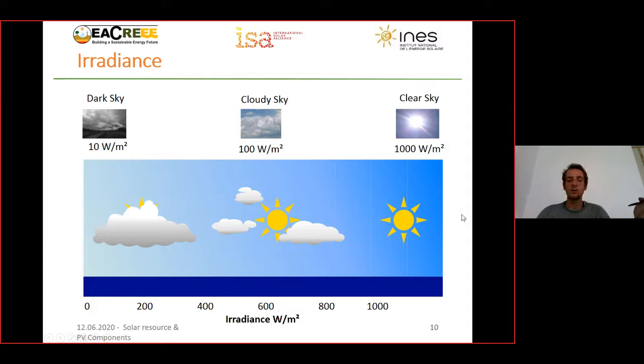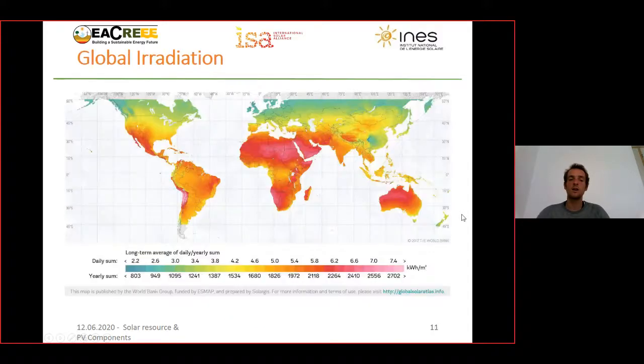This was for power, and now let's have a look on energy, which is irradiation, solar irradiation. This is a nice irradiation map that you can find easily online. This map is actually giving you what is the amount of energy that you can collect on the annual level or on the daily level for each part of the world.